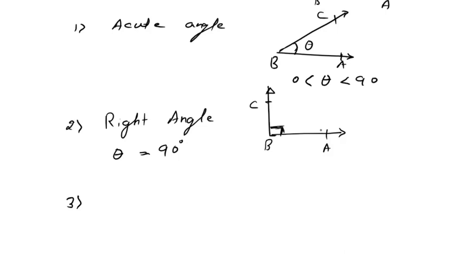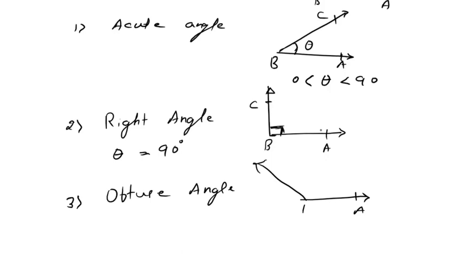Third is obtuse angle, when the angle is more than 90 degrees, like this angle ABC. Here this angle is more than 90 degrees.